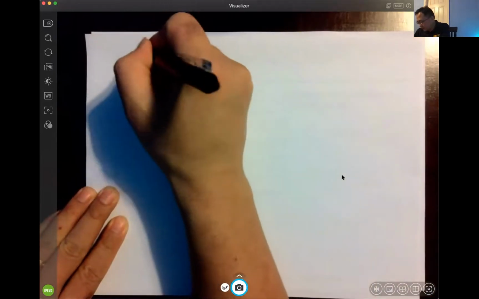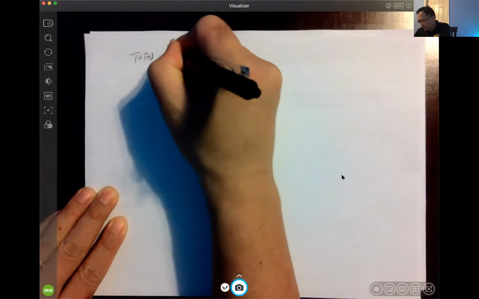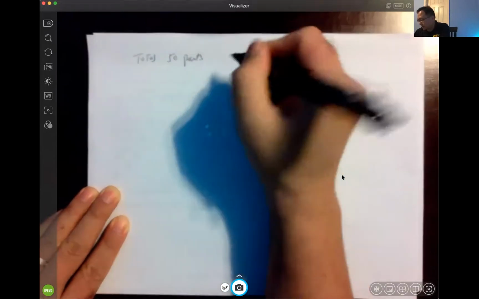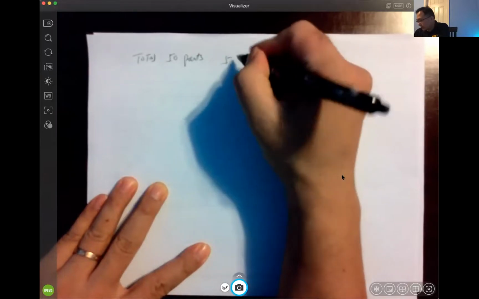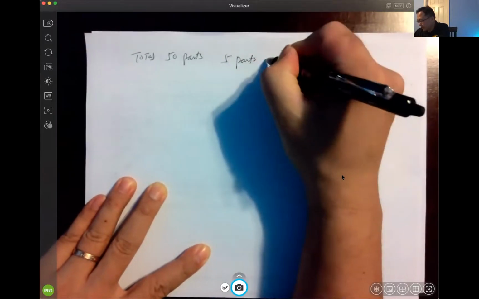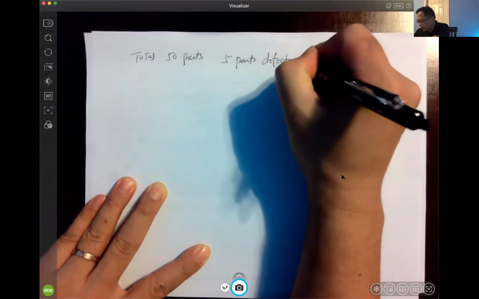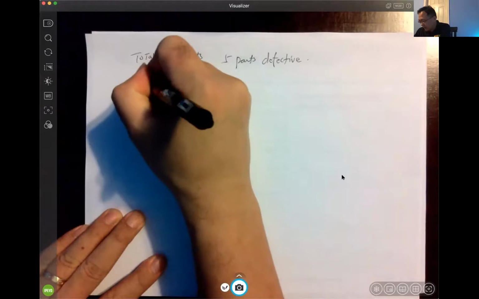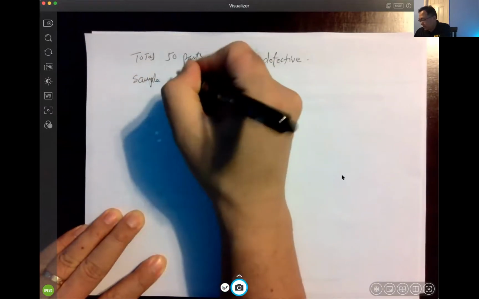Now, I will switch to the document pane again. Okay. So total 50 parts, and among them 5 parts defective. Okay, I take a sample of 10 parts.